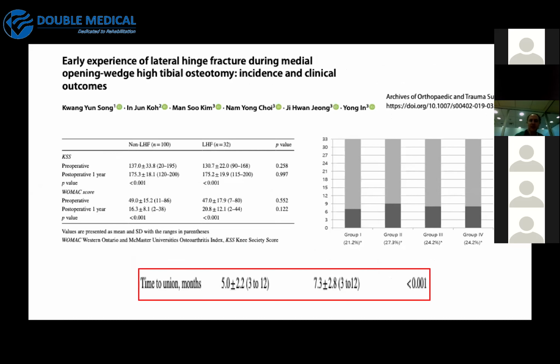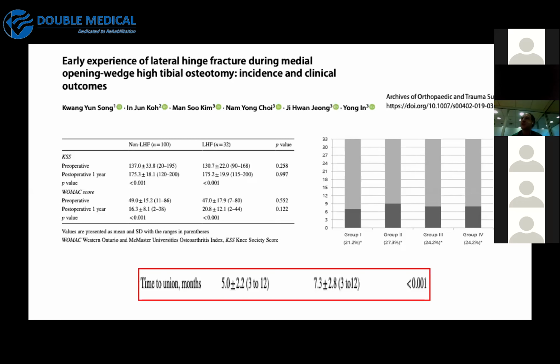This is an excellent article from the Korean literature, and they found what happens with the patients who have a lateral hinge fracture. First, using the TomoFix plate, there were no changes in the outcome scores. Second, in a group of 4 surgeons who are dealing with HTOs, they found a constant percentage of lateral hinge fractures, around 20%.